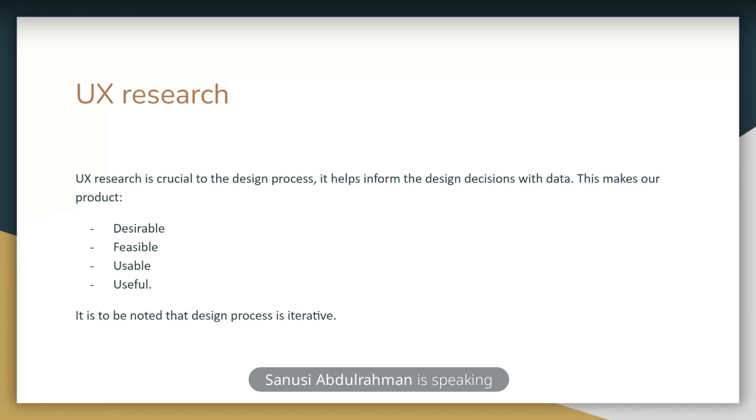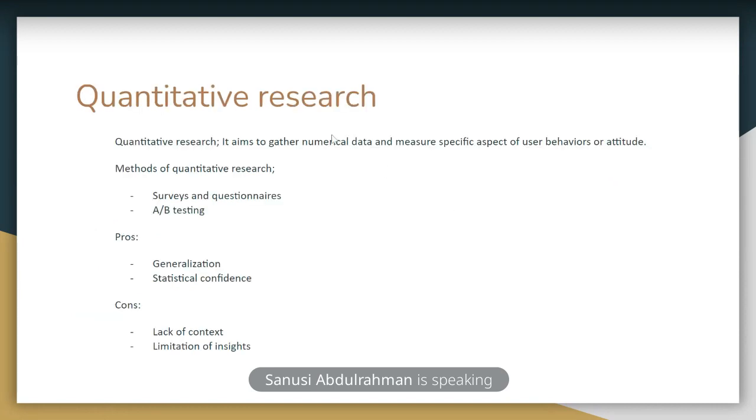It is to be noted that the design process is iterative. Even if you do research at first, you can go back to design. It's a non-linear process. So, quantitative research, type of research. You have the quantitative and the qualitative research. This is just this part of research. UX research is very, very wide, so it's more than what is being presented here.